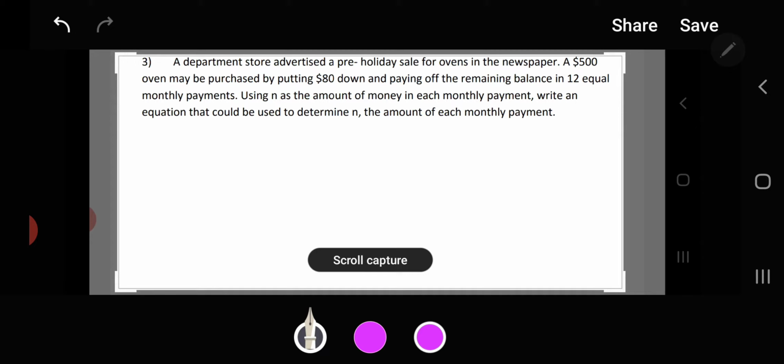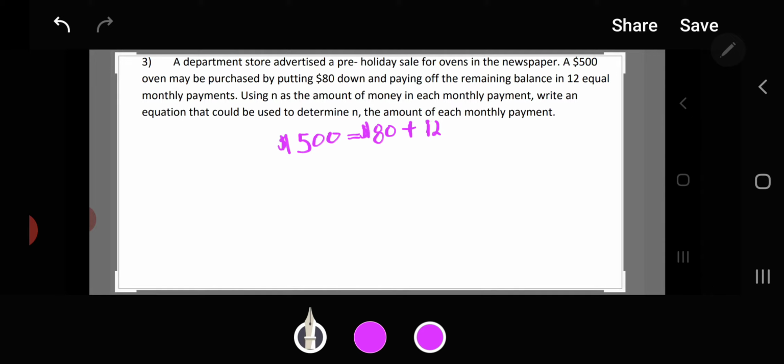So we know that $500, or the total price of the oven, is equal to the $80 he puts down plus the 12 monthly payments of whatever amount that he has to pay.